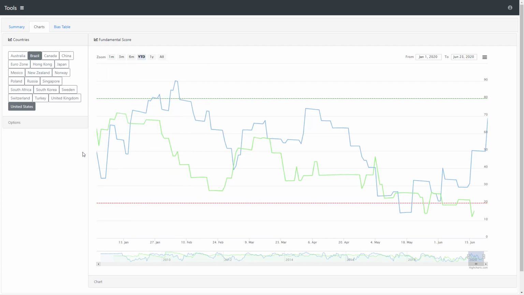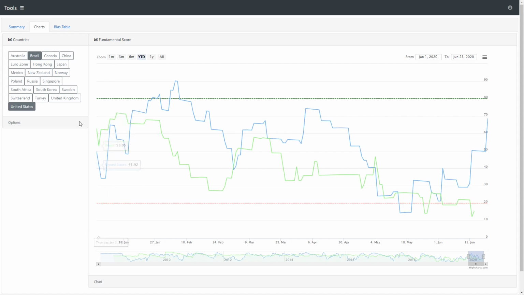But my point is the following. This alone, you cannot take this as overall true. Oh, I see this is crossing, so this is what's going to happen. No, what I think trading is, is something like an investigation. So this is a clue. This fundamental score gives us another clue on what path to follow.